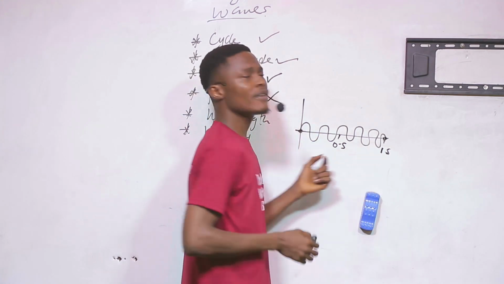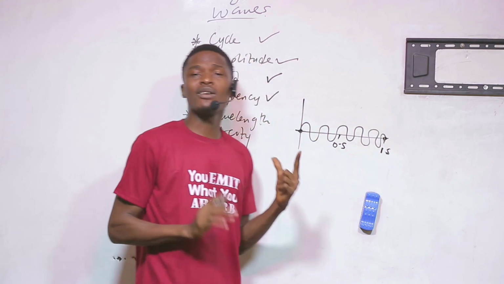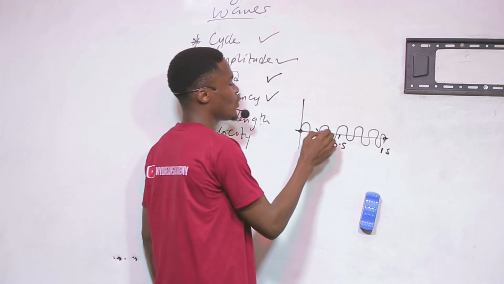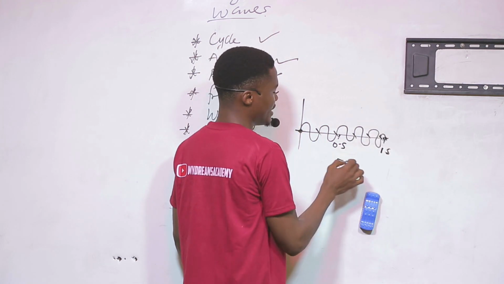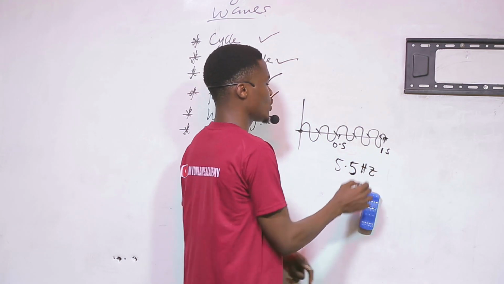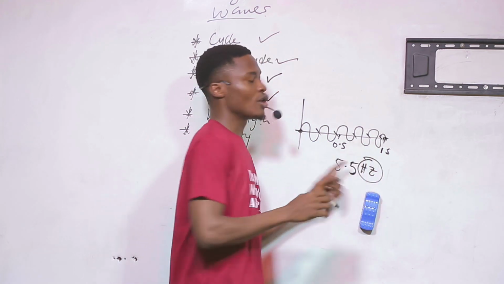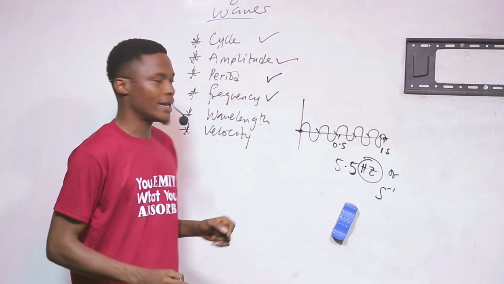Then the frequency of this wave means how many cycles it completed before it gets to 1 second. So you see 1, 2, 3, 4, 5.5. That means the frequency of the wave is 5.5 hertz. The unit of frequency is hertz, or you say per second, that is s to the power minus 1.